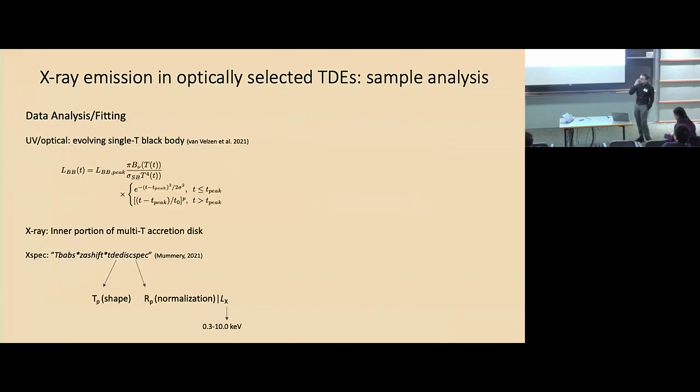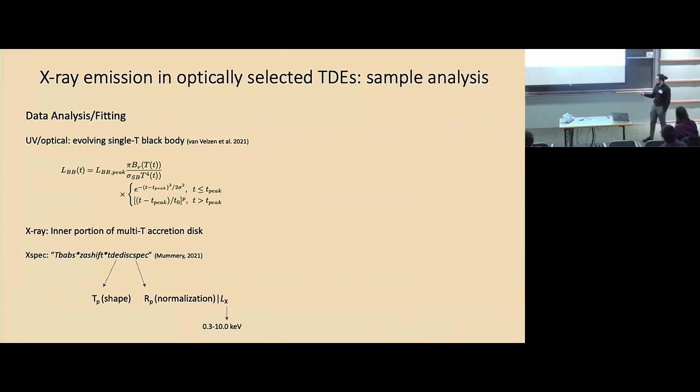In terms of the analysis, for the UV optical, we did the standard single temperature black body fitting with a Gaussian rise and a power law decay, and we also assume a plateau at late times because the sources plateau in the UV optical. Then for the X-ray, we fit the X-ray spectrum with a disk model, where the X-ray should probe the inner part of the disk.